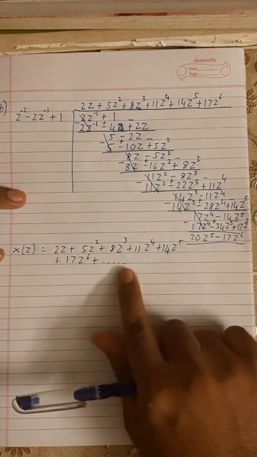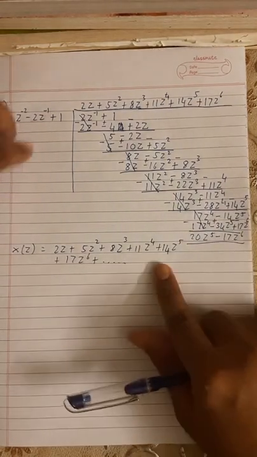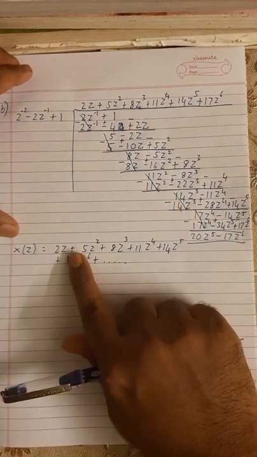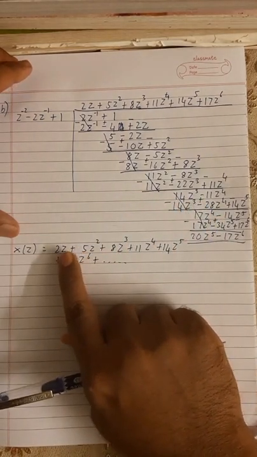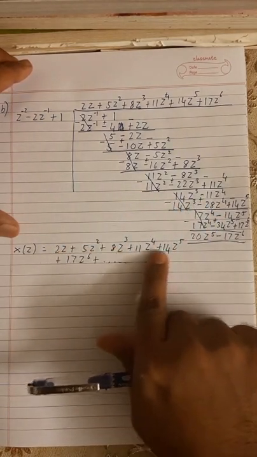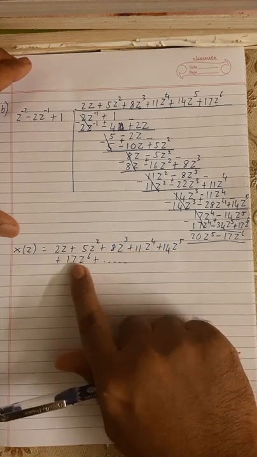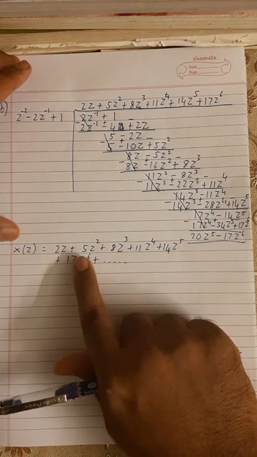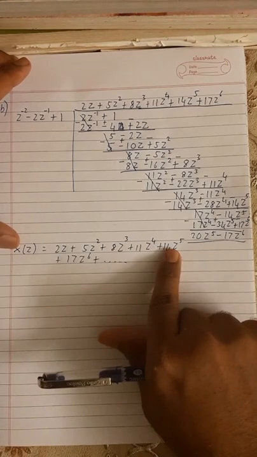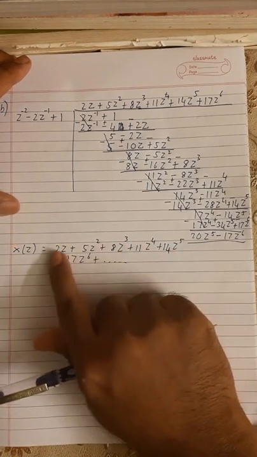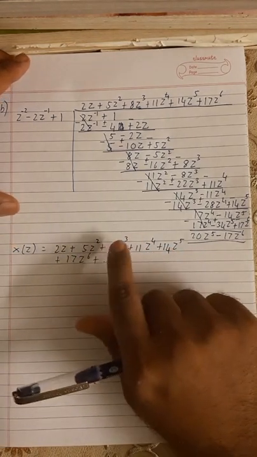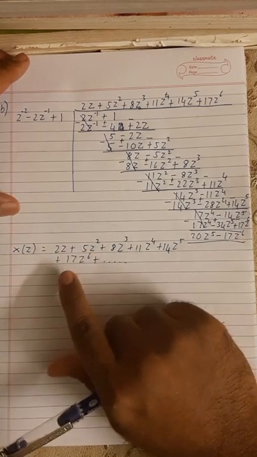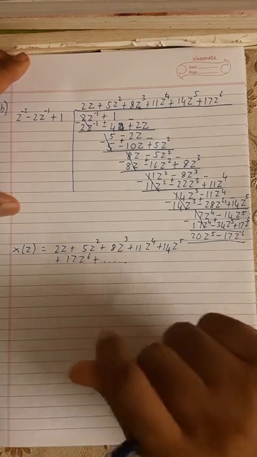Okay, this is your answer. And one thing about the answer that you got here is that the powers of z are all positive, right? So since the powers of z are all positive, you know that these values come into the left side or the negative side of the graph.